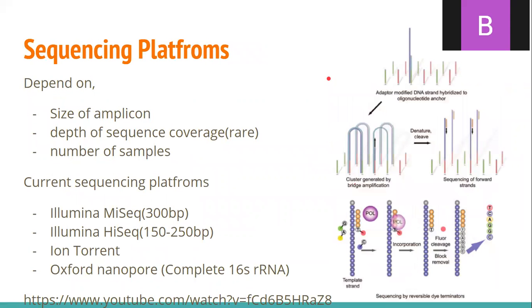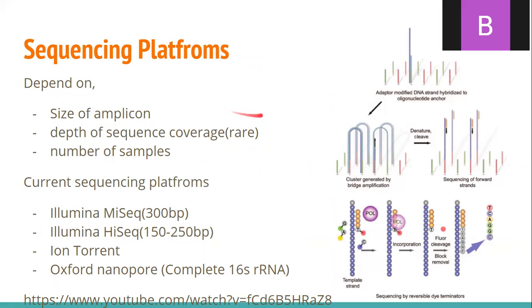For sequencing platforms, these are for the sequencing methods. These methods are differentiated depending on the size of the amplicon you want to use, the depth of the sequence coverage, which is rarity, and the number of samples you have.